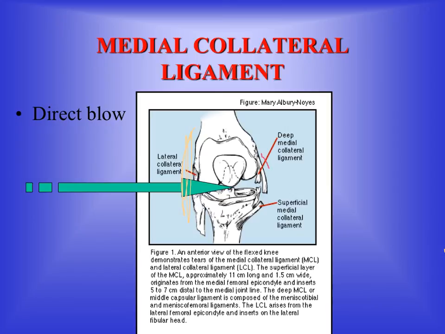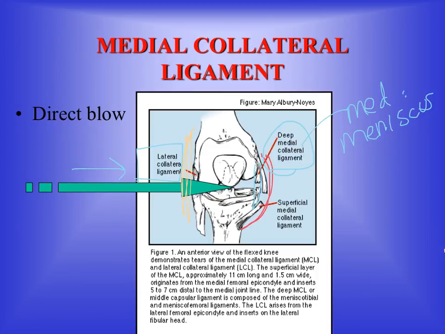The first bundle is this superficial bundle that you see right here, and then the second bundle is actually this deep bundle right here. It's a small portion of the ligament, but it's that portion that connects to the medial meniscus, right? And that's definitely different than its lateral counterpart. The LCL, on the other hand, has no attachment to the meniscus.